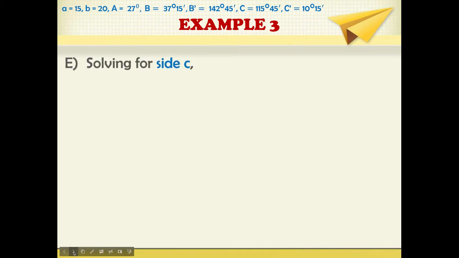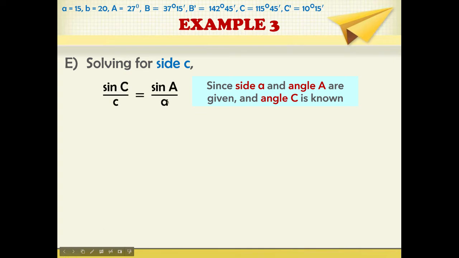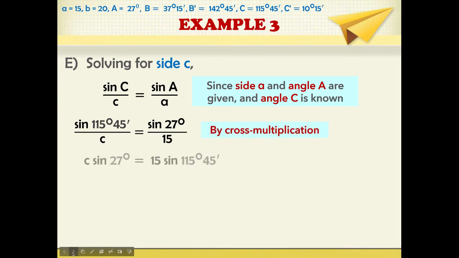Now, since side A and angle A as well as angle C are known, then we can use this proportion. Sine C over C equals sine A over A. By substitution, we will have this. And by cross multiplication, we will get C sine 27 degrees equals 15 sine 115 degrees 45 minutes.